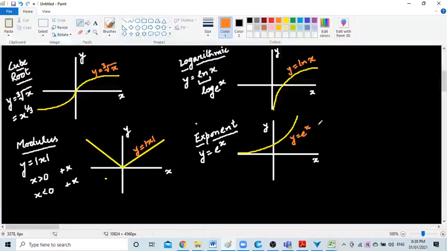All right. Now let's discuss the trigonometric functions. So the first function is related to sin x.